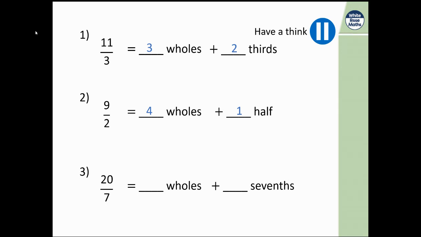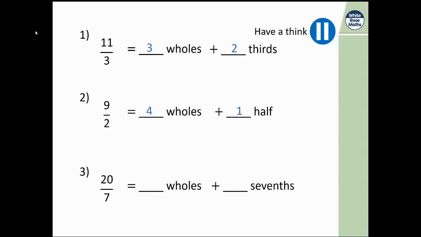And at the very bottom there, quite a tricky one, because we've got 20 sevenths. And we look at that and we say, right, okay, how many 7s are in 20? And we go 7, 14. We can't go another one, because of course that would be 21. So we know there are 2 wholes, because it takes us to 14. So now we need to go from 14 to 20 to show us how many sevenths there are.